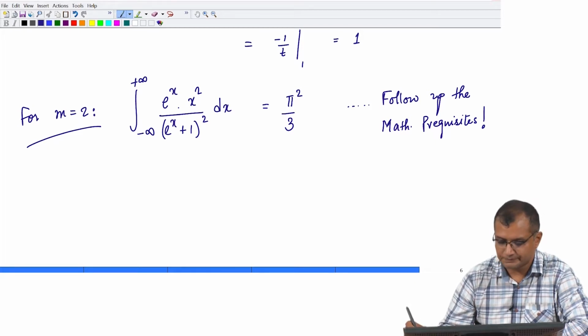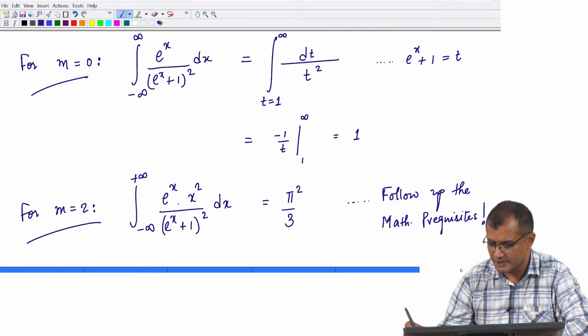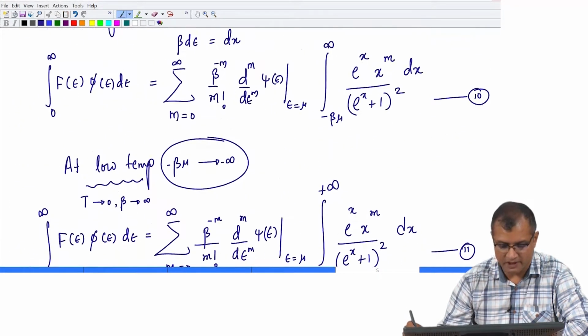So, now with the two values of m, 0 and 2, we plug these values in our final expression, which is equation number 11.